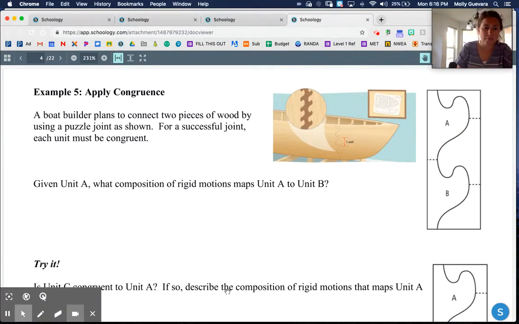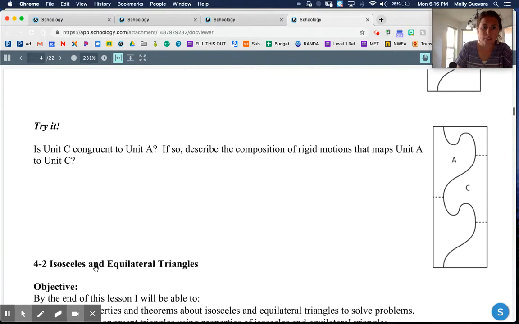Okay. So then the last question for you guys is asking, is unit C congruent to unit A? And if it is, describe the composition of rigid motions that maps A to C. How do I go from A to C?